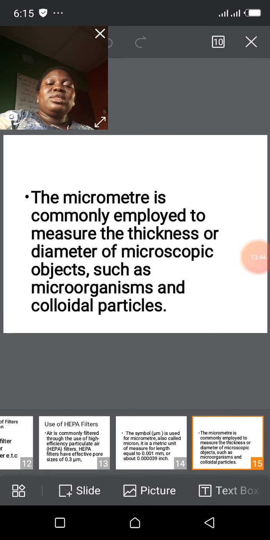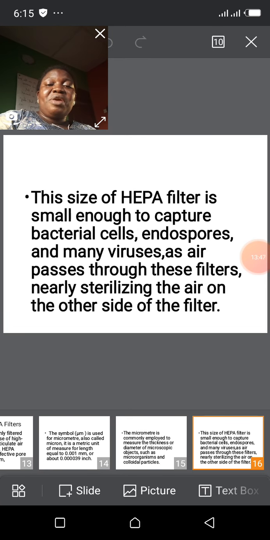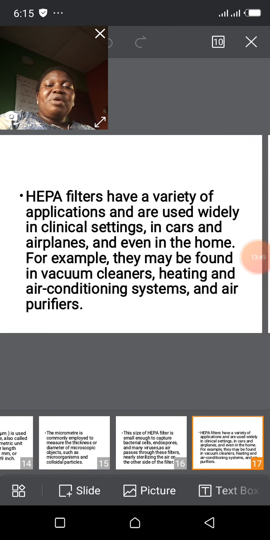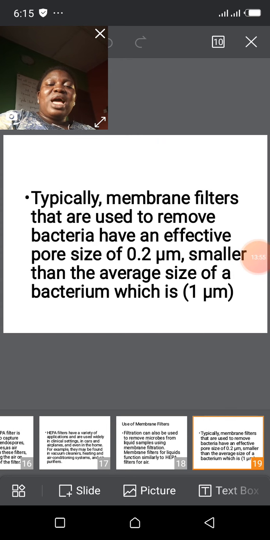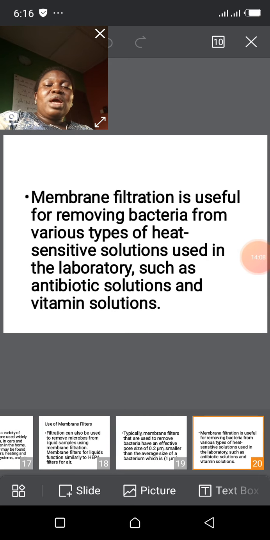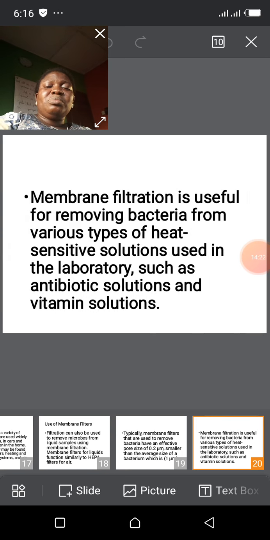We have also looked at the membrane filter, which is similar to the HEPA filter, but has an effective pore size of about 0.2 micrometer, which is even smaller than the size of a bacterium. I told us that the average size of a bacterium is 1 micrometer. And I told us that you could use a syringe filter to sterilize smaller quantities, but when you are sterilizing larger quantities of substances or samples, you make use of a vacuum filter.